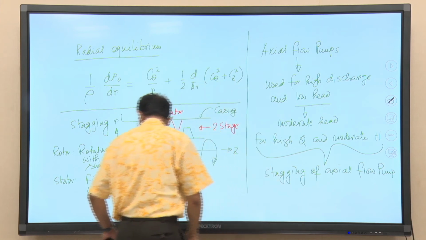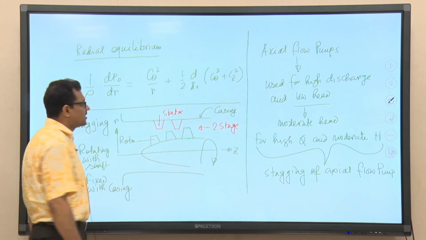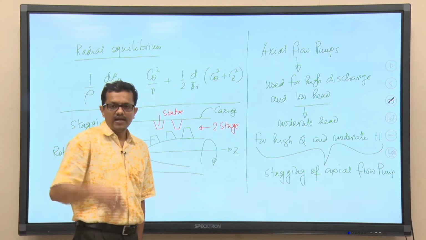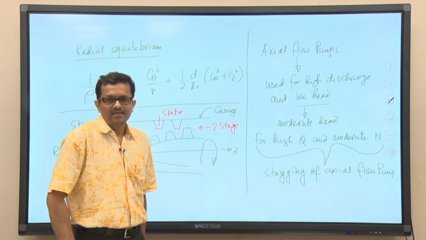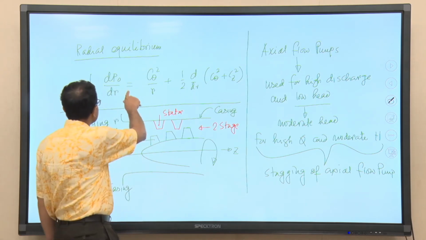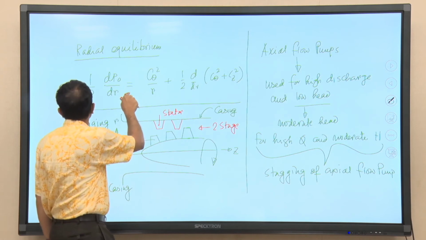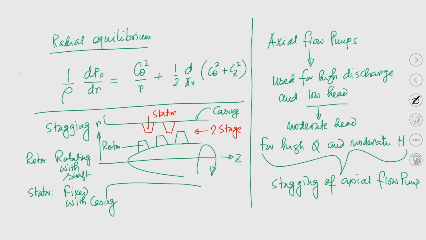Okay. So, now I will be going back to the main part of today's lecture, using this particular equation, that is for the incompressible flow. So, this is for incompressible flow.